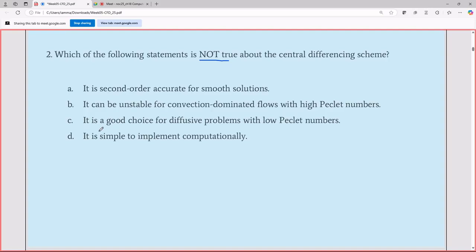Option C, it is a good choice for diffusive problems with low Peclet number. Option D, it is simple to implement computationally. So which among the following is false? The question is based on the central differencing scheme.